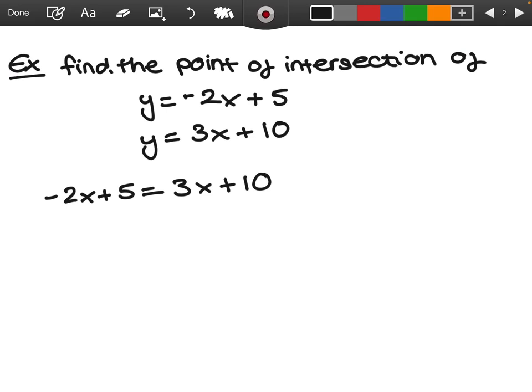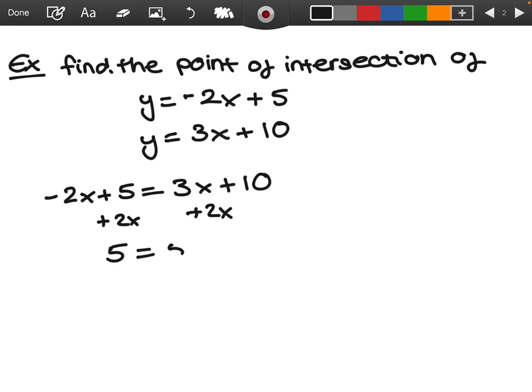So I can say that both of my right-hand sides are equal to one another. At this point, you just have to do some rearranging to solve for x. So I'm actually going to put x on the right-hand side to keep it positive and put my constants on the left-hand side. You can do this however you want. It's completely up to you, and it actually depends on the problem, so it really doesn't matter. But at this point, we just have to rearrange to solve for x. So I'm going to add 2x to both sides.